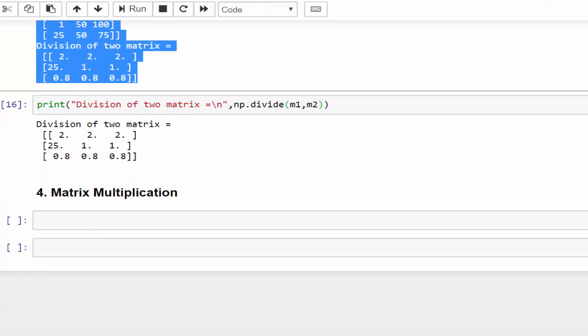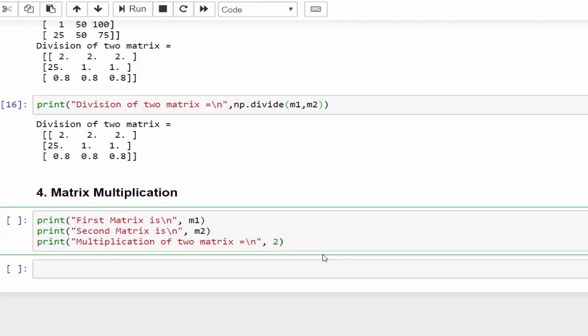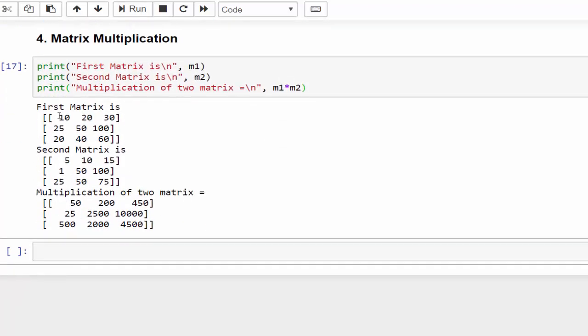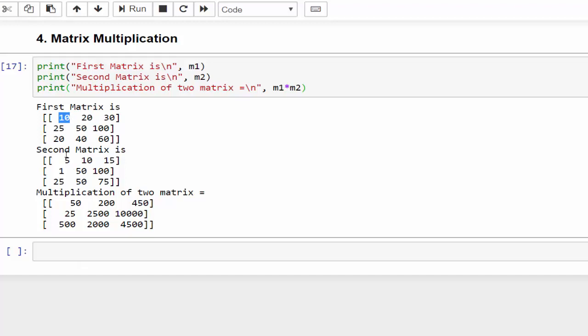Then last example, matrix multiplication, a very important example. For matrix multiplication, m1 star m2. Run it. So element wise multiplication is done. 10 into 5, 50. 20 into 10, 200. 30 into 15, 450.